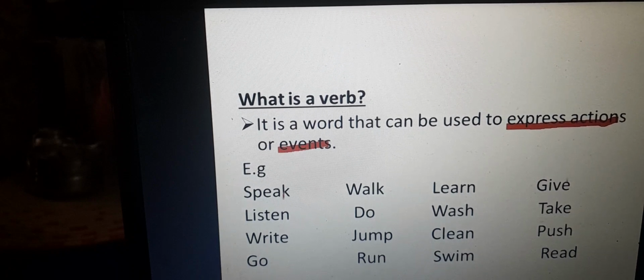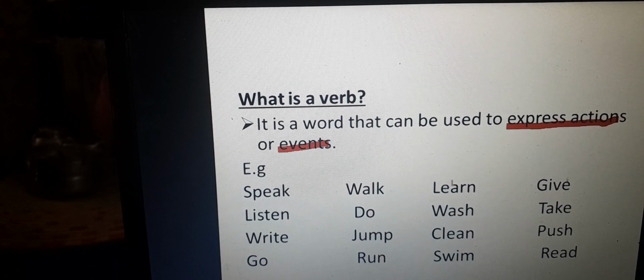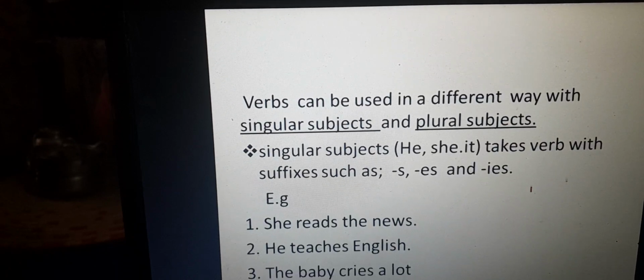For example, let us take a look at these verbs: speak, listen, write, go, walk, do, jump, run, learn, wash, clean, swim, give, take, push, read. So these are some examples of verbs, and they can be used to express actions, okay?